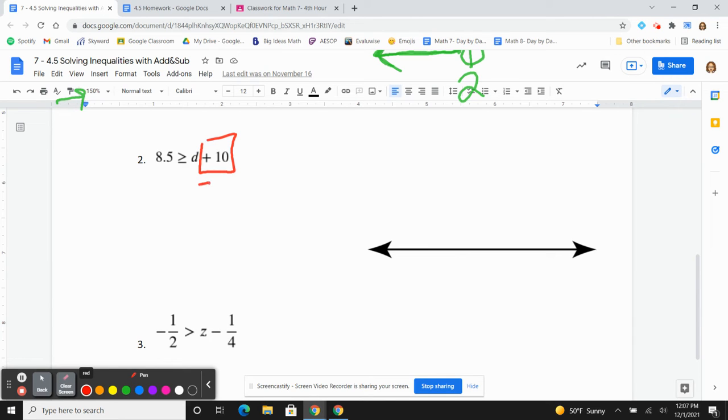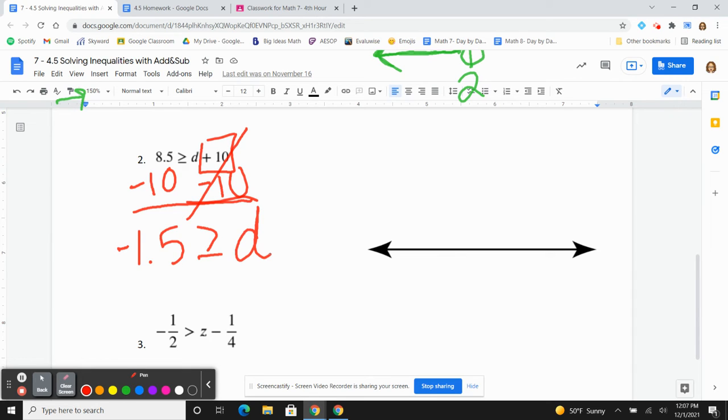Minus 10. Yep. We're going to subtract 10 from both sides. That one cancels. So 8.5 minus 10 is negative 1.5, greater than or equal to D.